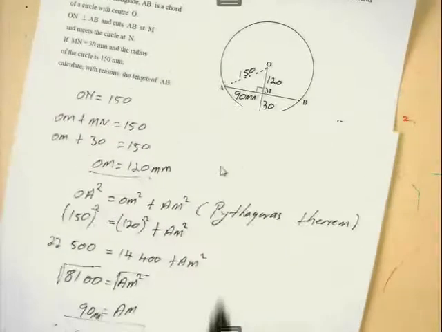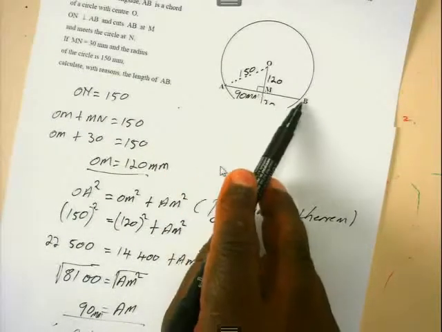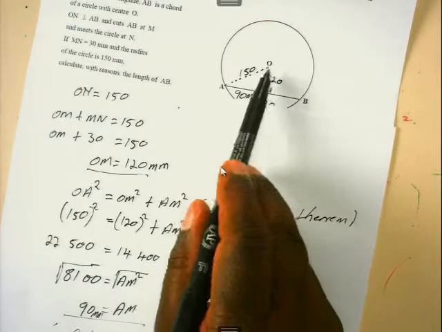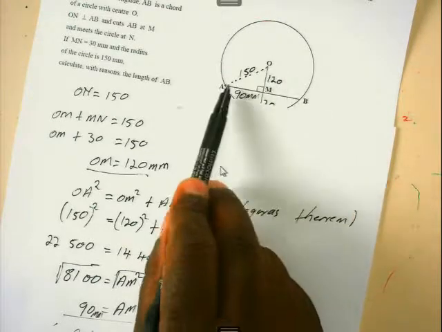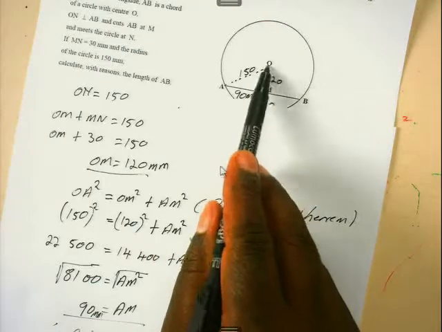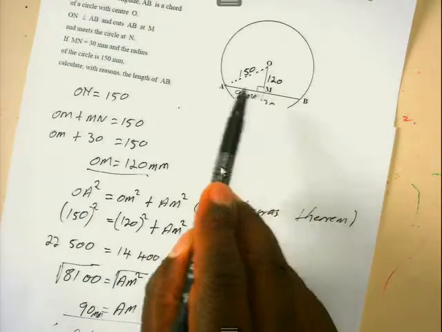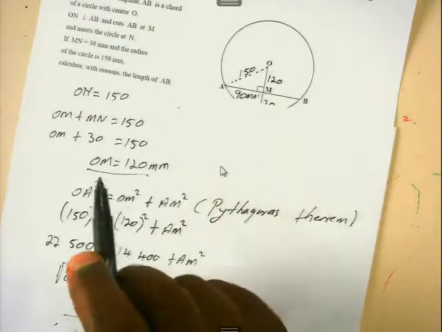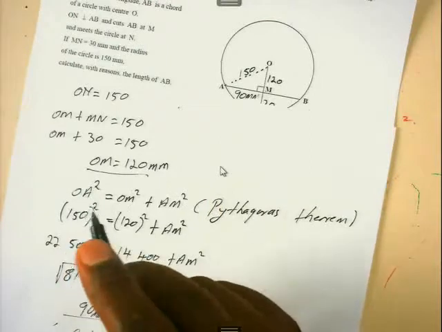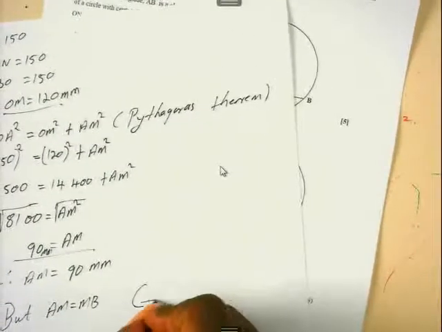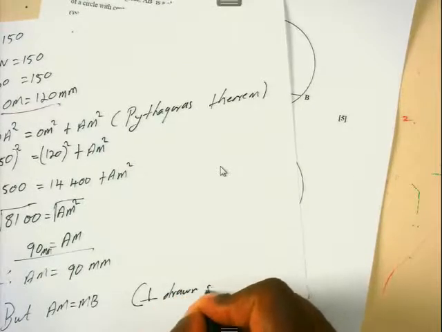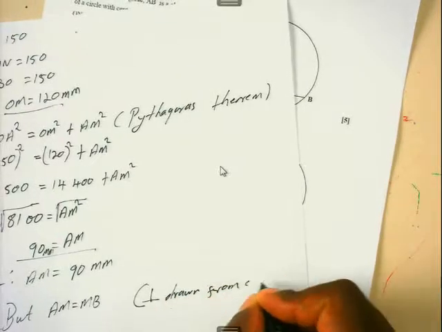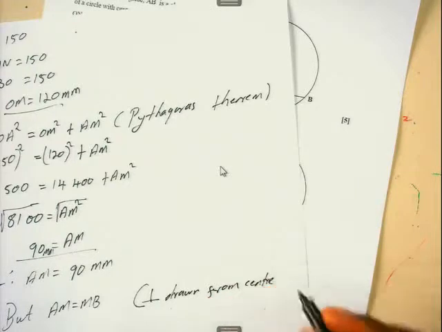Why do we say AM is equal to MB? The reason is: the perpendicular drawn from the center to the chord bisects the chord. The word bisect means to cut into two equal parts. Therefore, perpendicular drawn from center to chord.